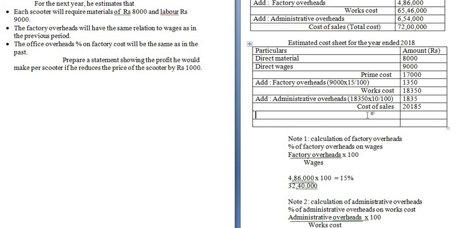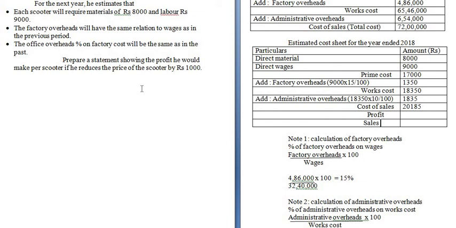So next line here, we will have to find out profit. Okay, so to find out profit, first we should know how much is the sales. Okay, now sales, already they have told in the last sentence, if he reduces the price of scooter by rupees 1000. So earlier it was how much? Earlier it was 27,000 as in the year 2017.